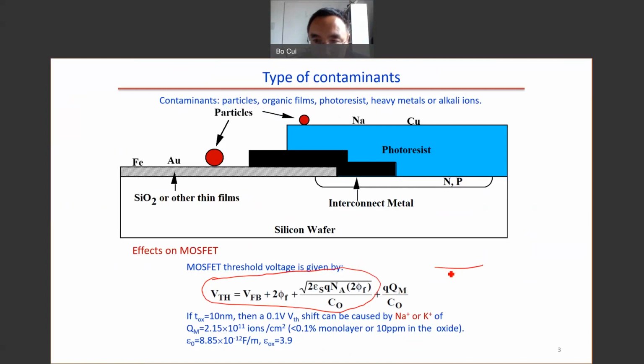Here is the gate, this is the oxide, this is the channel. If this interface has charge, it will shift the threshold voltage by this amount. This is similar to what we have seen in chapter 2.